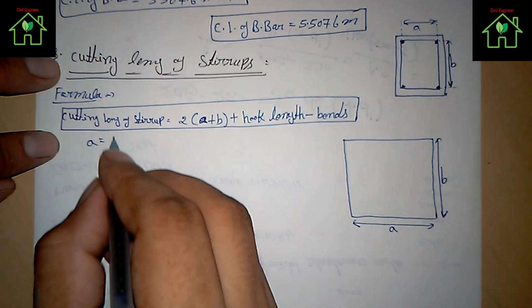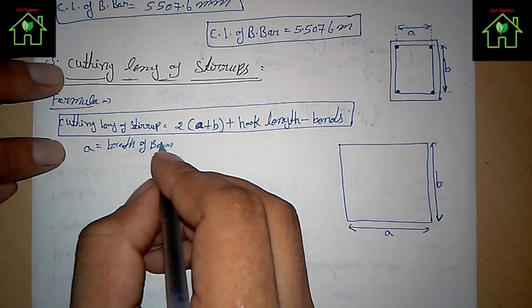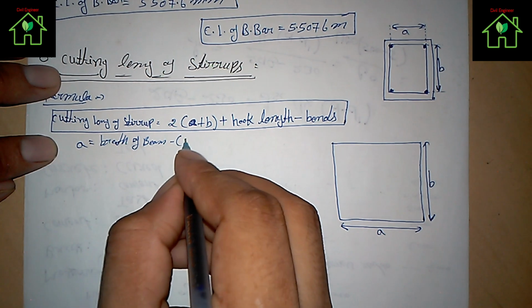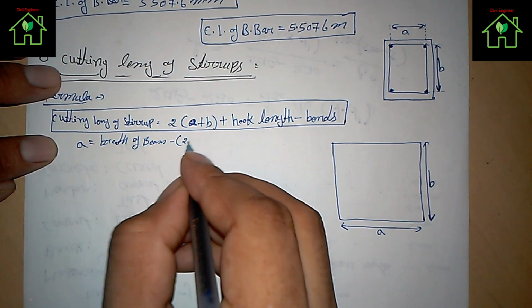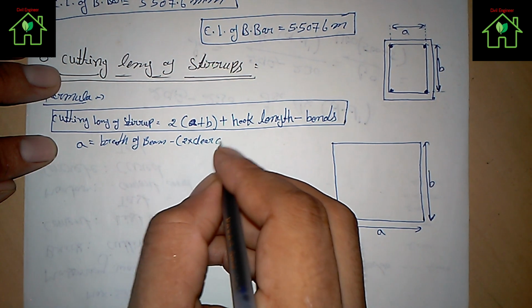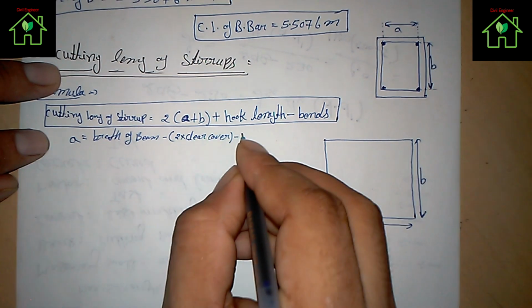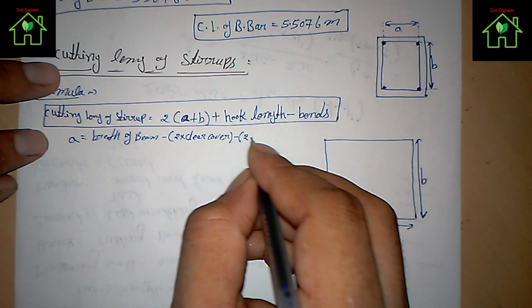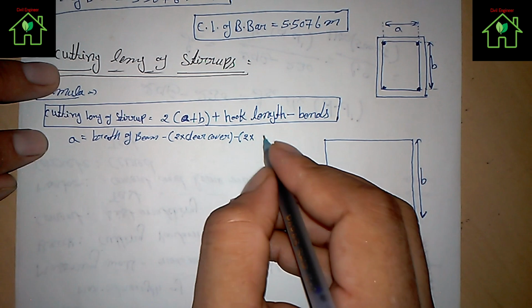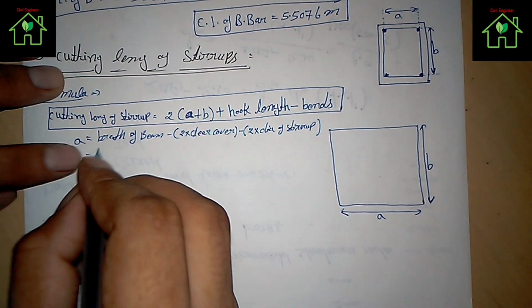What is a? Width of beam minus 2 into clear cover minus 2 into dia of stirrup. So what is the width of beam?